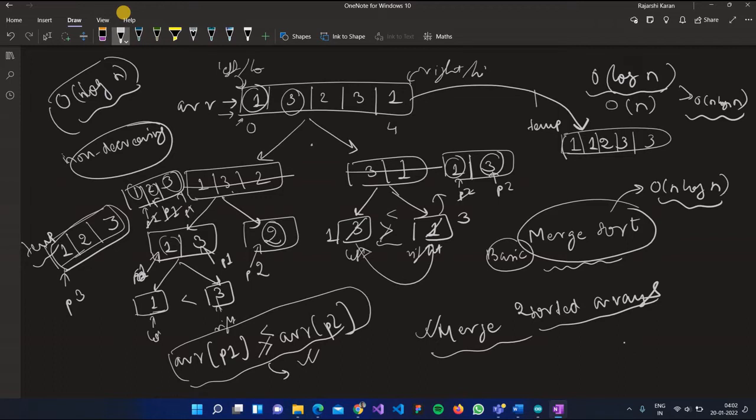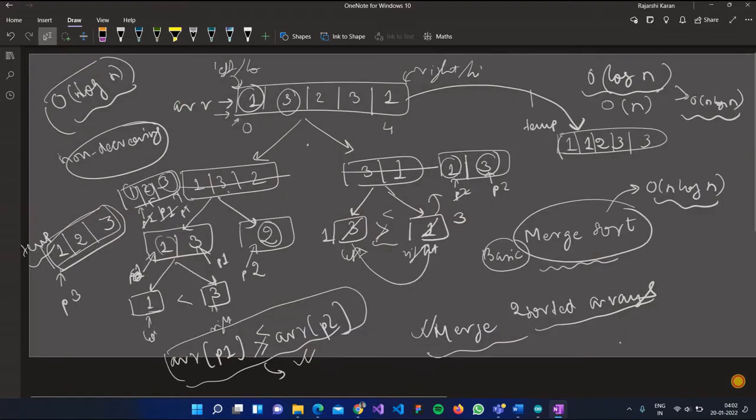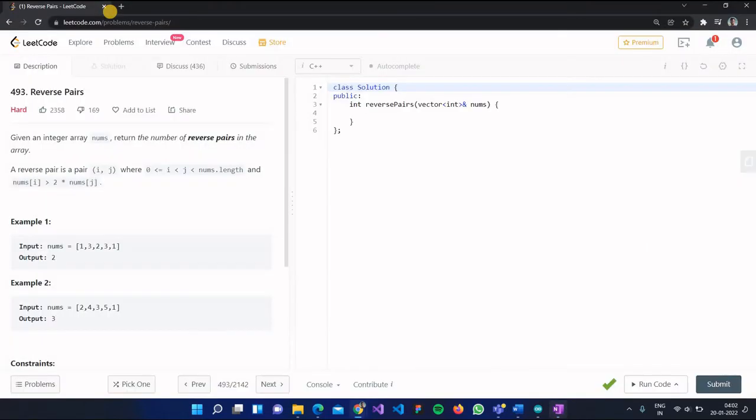Now how will we implement our merge sort algorithm for this specific question, that is reverse pairs? Okay, fine. So I will be erasing all of this over here. What was our array again? It was 1 3 2 3 1, right?